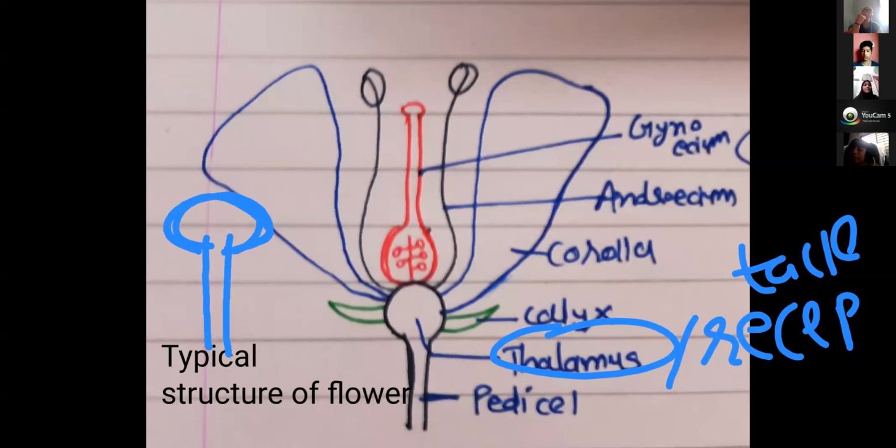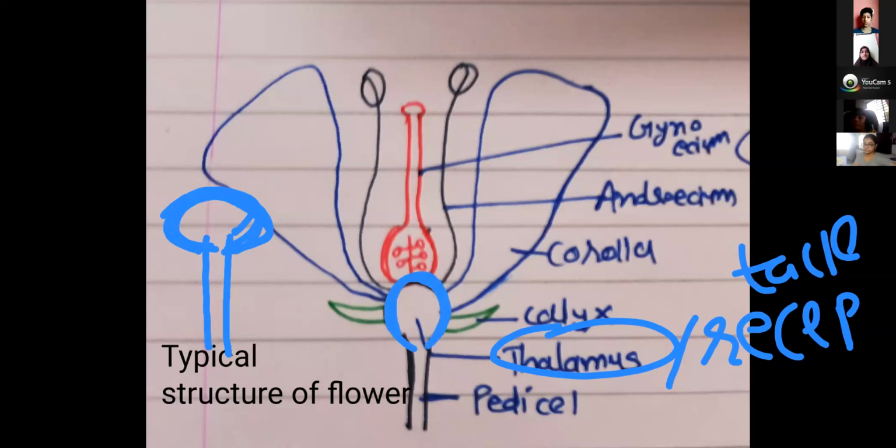Focus over here. The tip part of the pedicel becomes swollen, and that we call the thalamus or receptacle, on which, see over here, this one is the thalamus or receptacle, these four whorls, calyx, corolla, androecium, and gynoecium, are arranged.